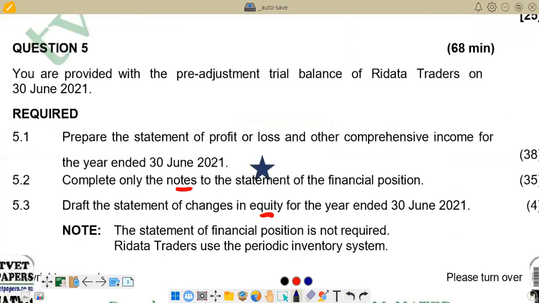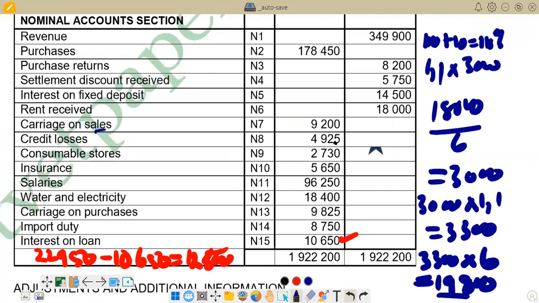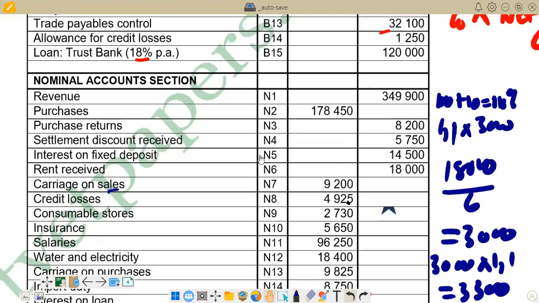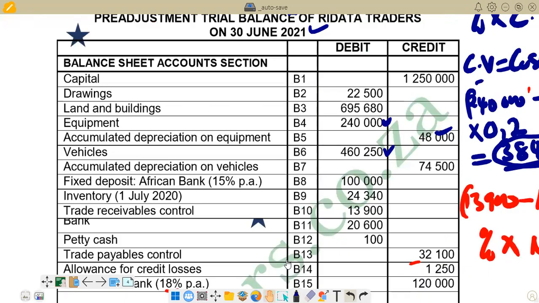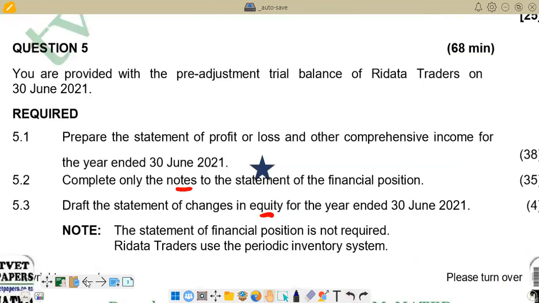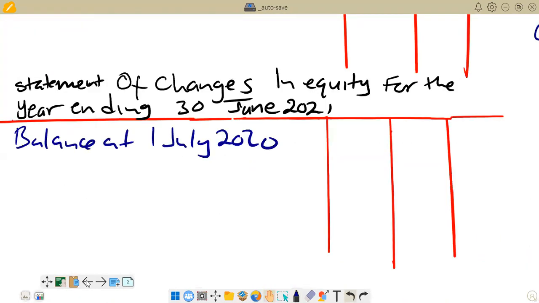If you come here, this is the nominal section. We go up there to find the balance. We have got the balance for capital representing the opening balance, which is 1,250,000. So that's the balance that we are going to start with, 1,250,000. So we start with that figure here.